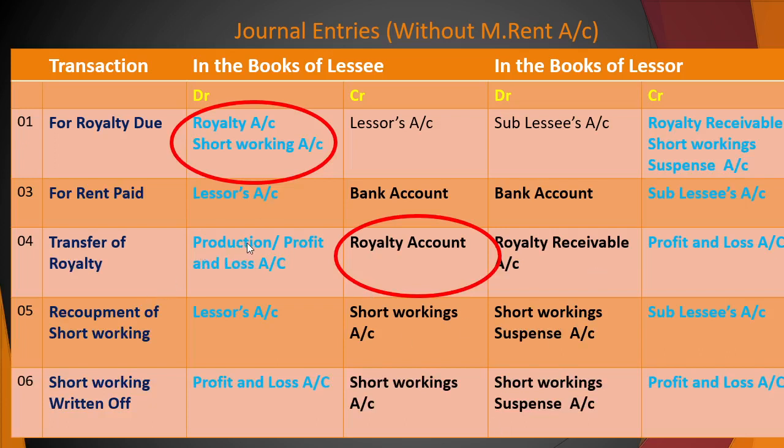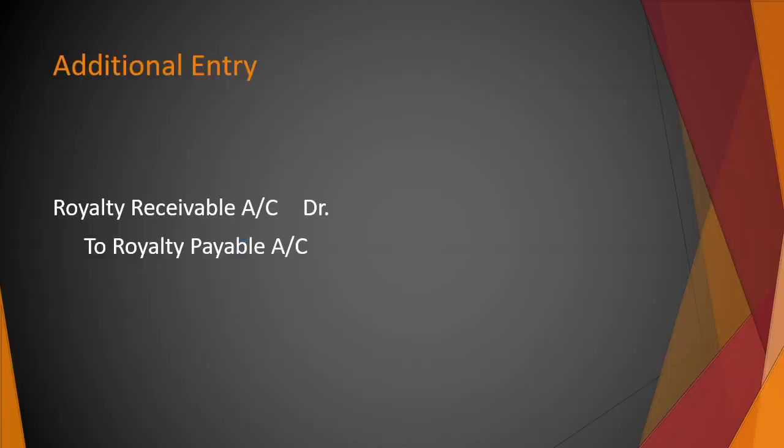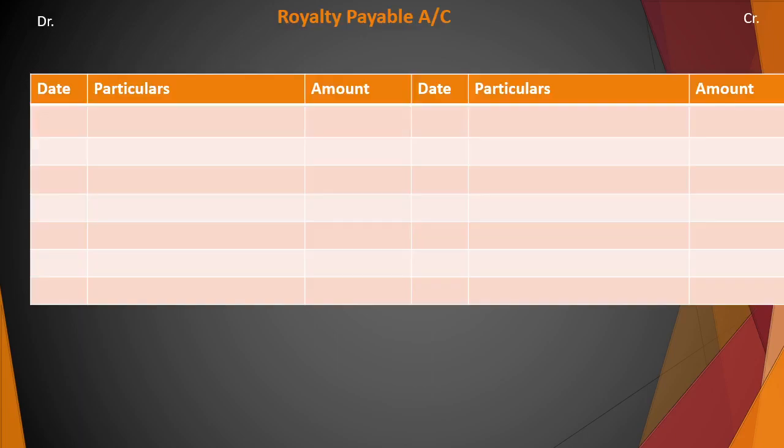If we were going to transfer the balance of royalty to production account, then we would need to prepare one more adjusting entry, that is royalty receivable account to royalty payable account. But here no need to pass this additional entry. Only two entries are enough for our royalty payable account.